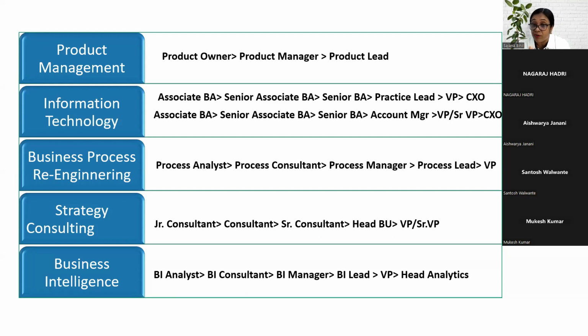Information technology, I have already shown you in the previous slide how you can move in that space. Business process reengineering: here you can enter projects as process analysts, then move into a process consultant role, then manager, process lead, and then VP, senior VP levels.